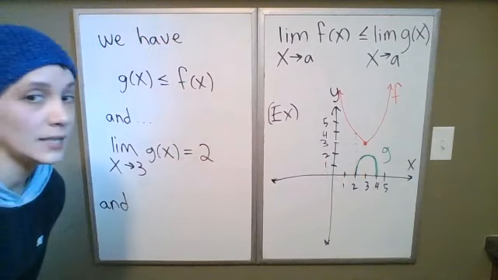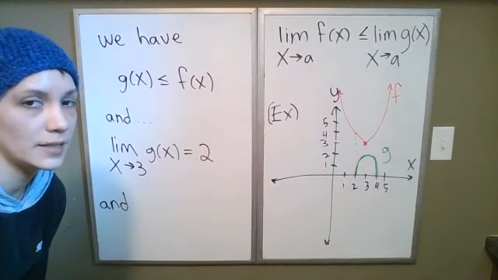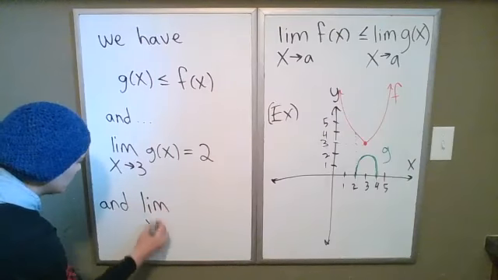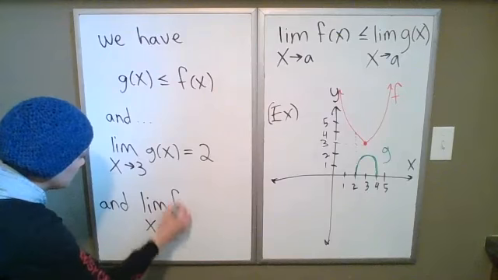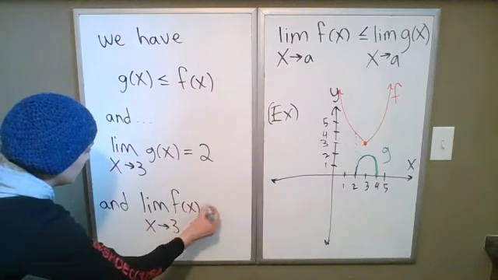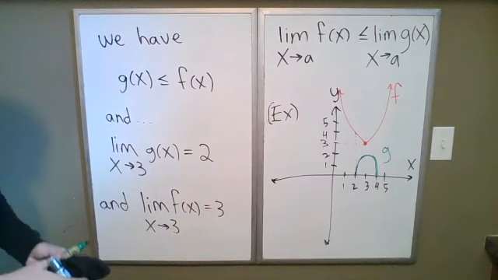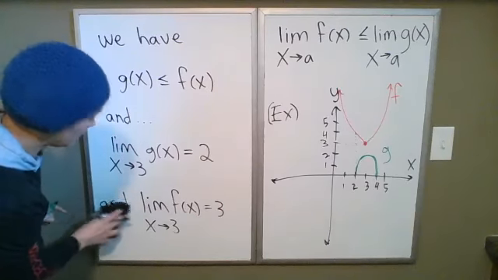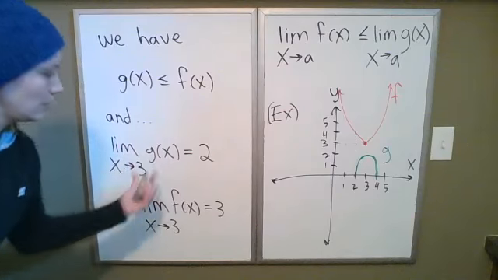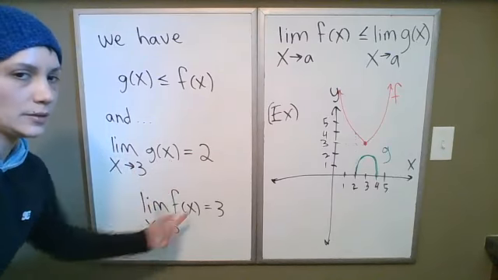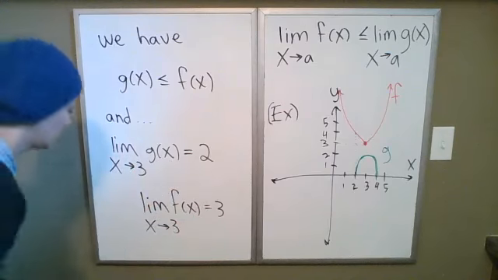The limit as x goes to 3 of f of x is 3. Actually, I'm going to replace this with what we got in that theorem. So that limit 2 is less than or equal to this limit 3.